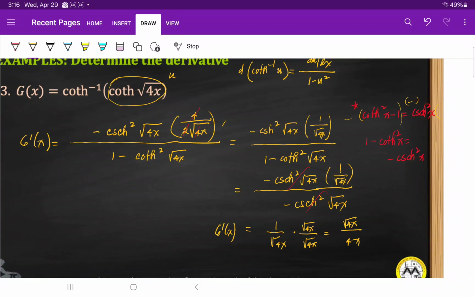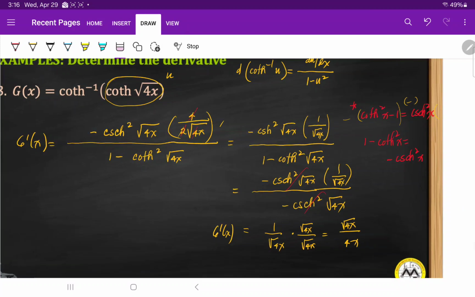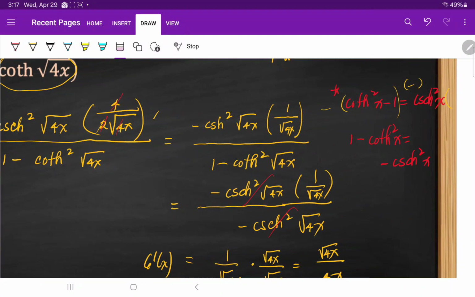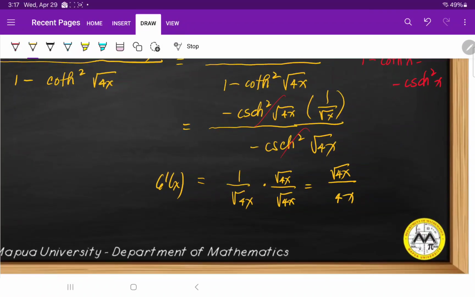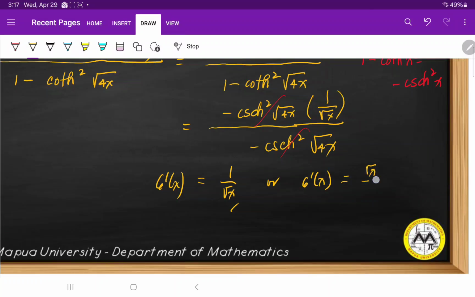We already removed the 4x, since this is already out. So this becomes x. It should be x. Right. It's x. And this should also be x. And so this becomes, it should be, 1 over the square root of x, or g prime of x is square root of x over x.